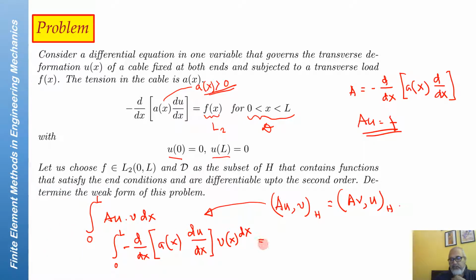So now here we can apply integration by parts.